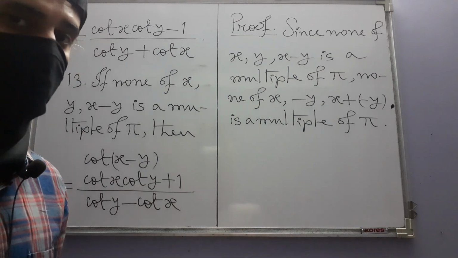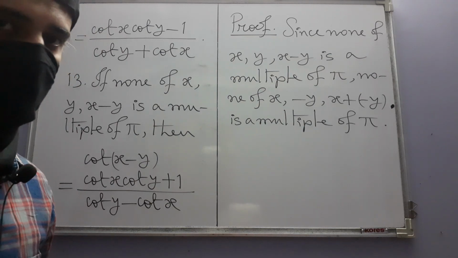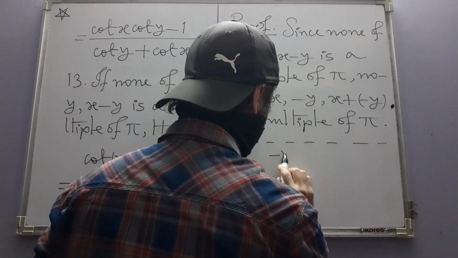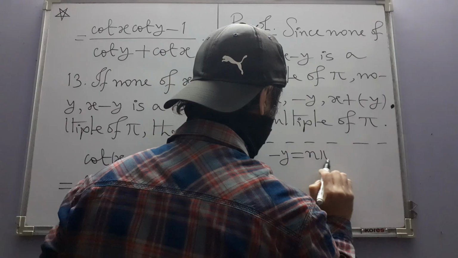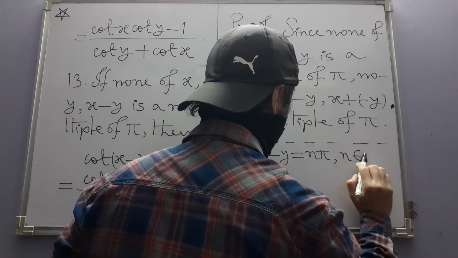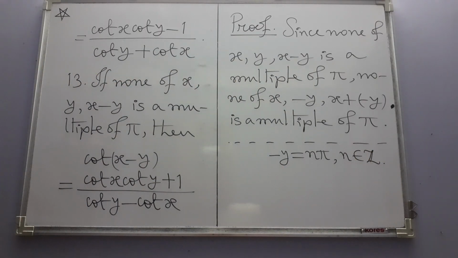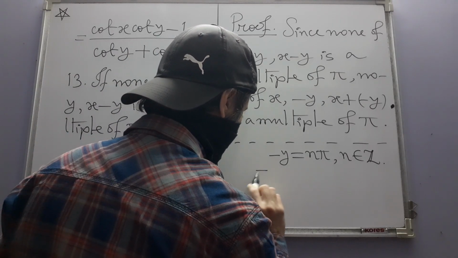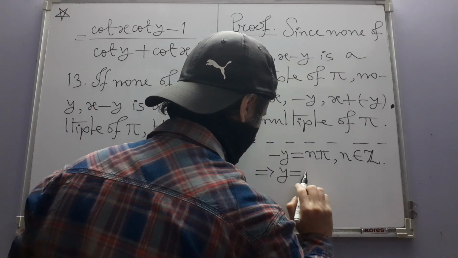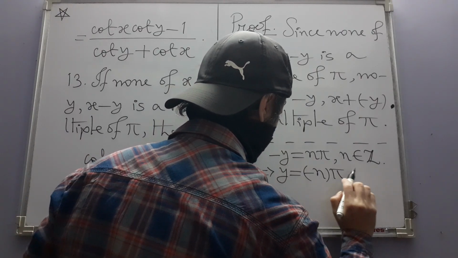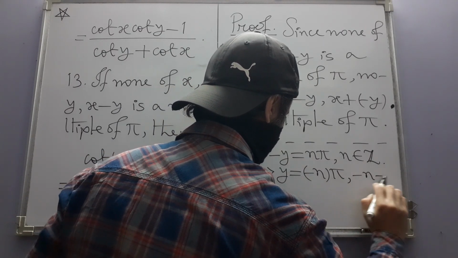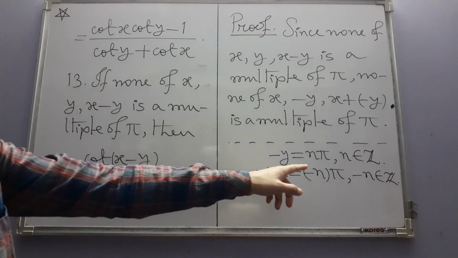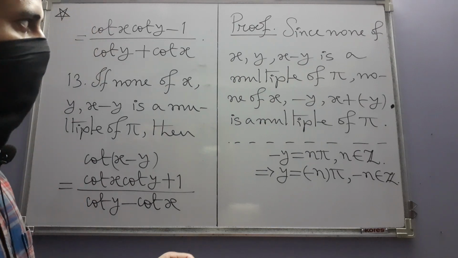Why? What will happen if say it is an integer multiple of pi? Say minus y is some integer times pi. n is some integer. n may be positive, negative, 0, who knows. But then y is minus n times pi, and just like n, minus n is also an integer, but then y becomes an integer multiple of pi as well, which is not true.